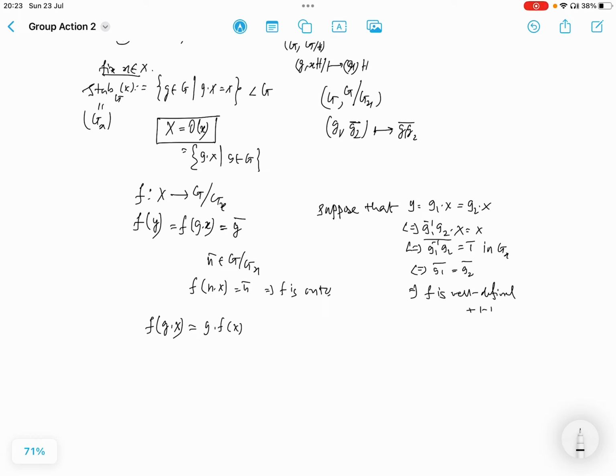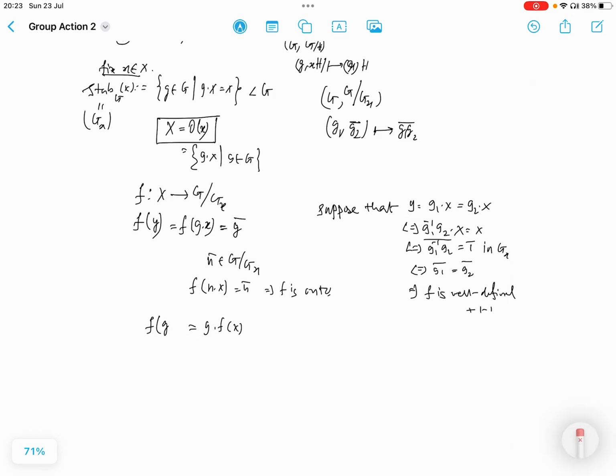So see, let's do it in this way. No, I'm mixing up the notation, so let's see how we can do it.